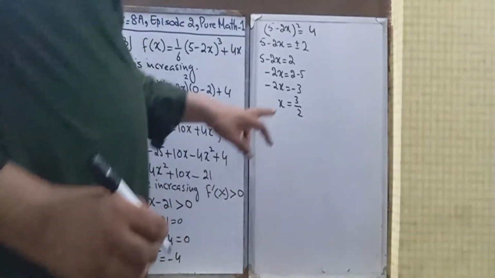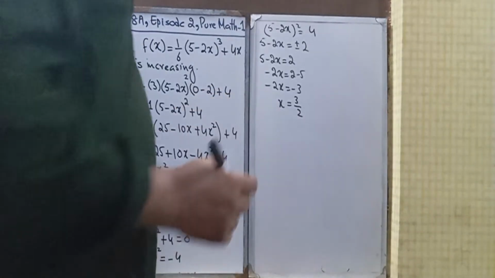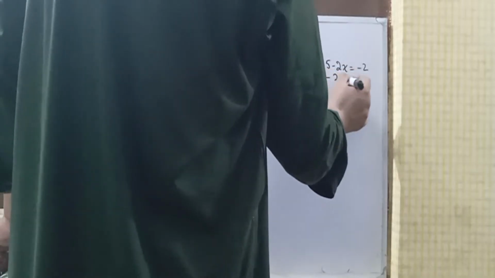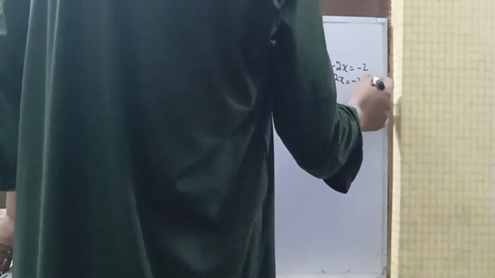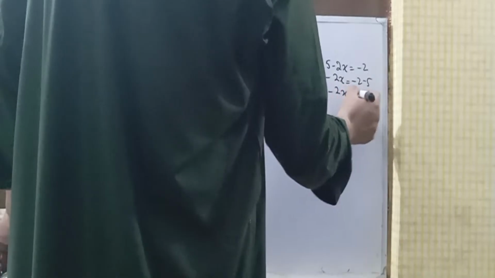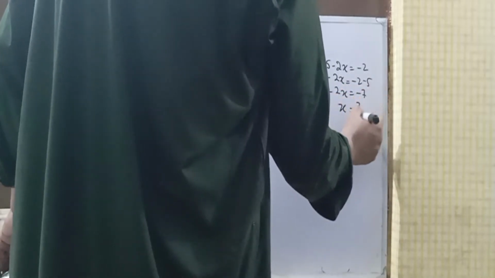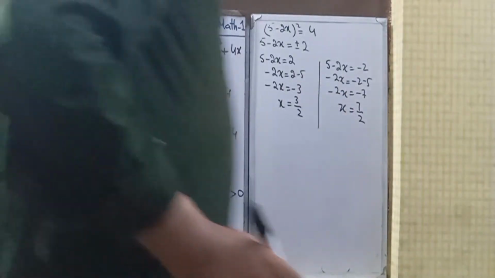So one x-intercept will be at 3 by 2. The other one: you will have 5 minus 2x equals minus 2. So minus 2x will be equal to minus 2 minus 5. Minus 2x will be equal to minus 7. Minus minus cancel, so x will be equal to 7 by 2. So these are the two x-intercepts.